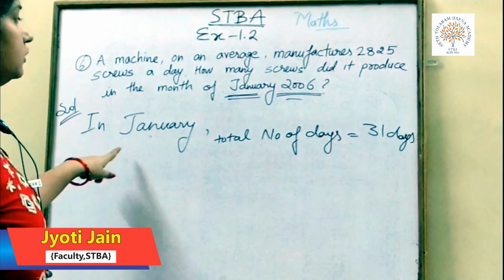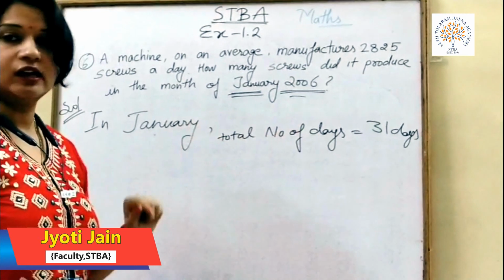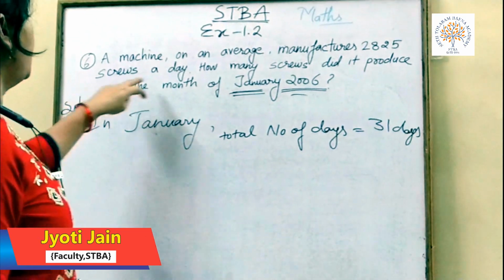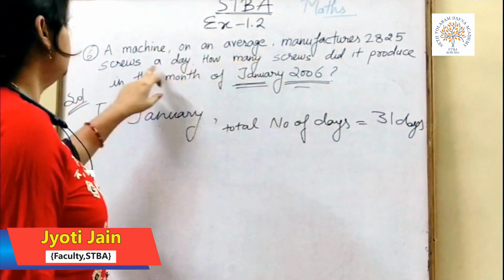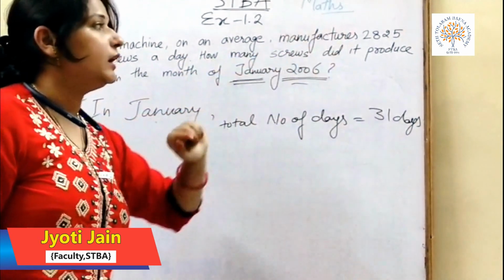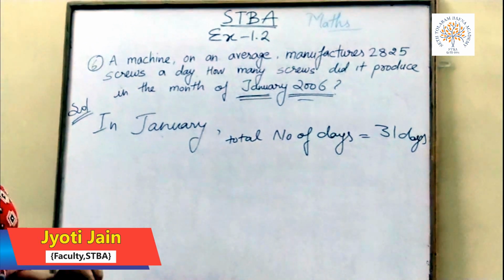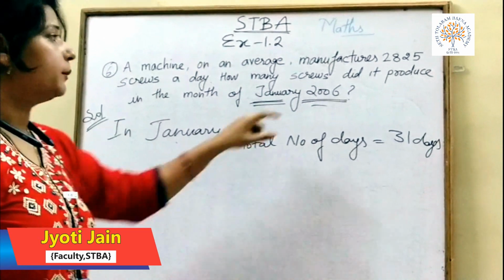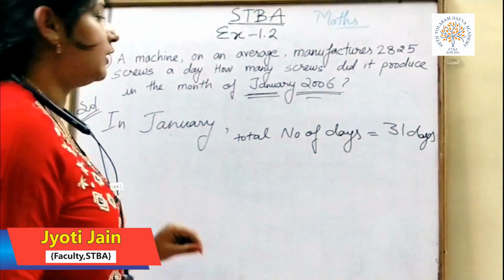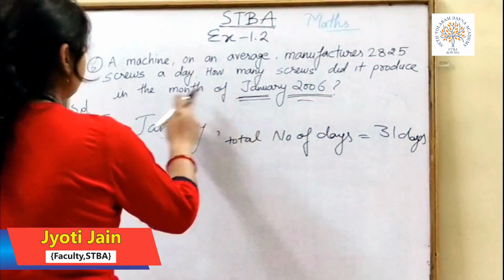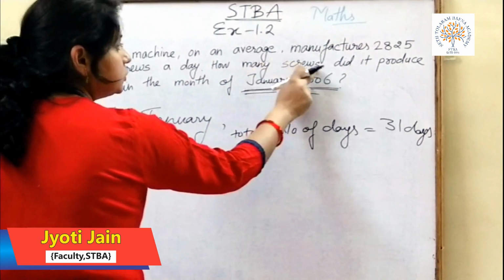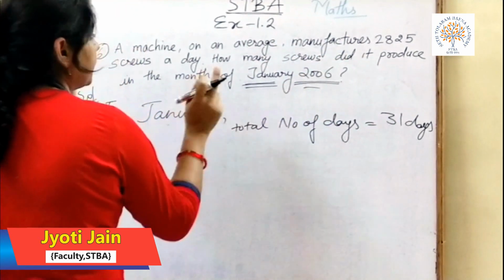Okay, and that machine manufactured in one day 2,825 screws. यानी एक दिन में कितना मैन्युफैक्चरिंग होता है वहां पे 2,825 and we have to find out the manufacturing of screws. How many screws did it produce in the month of January?